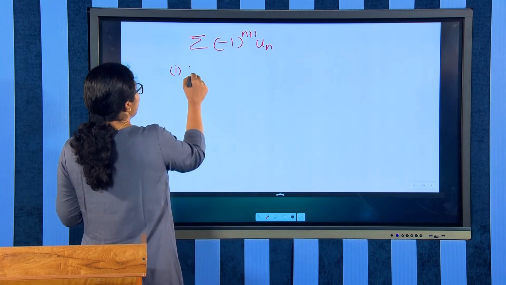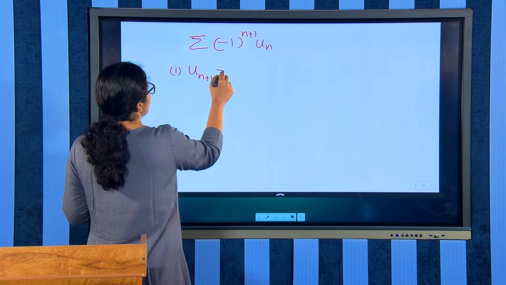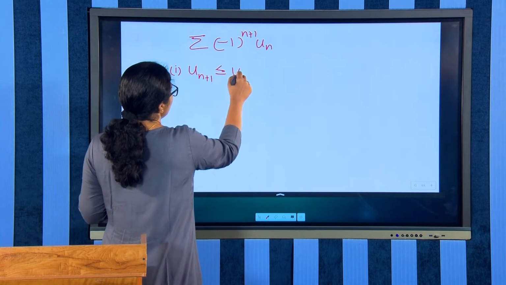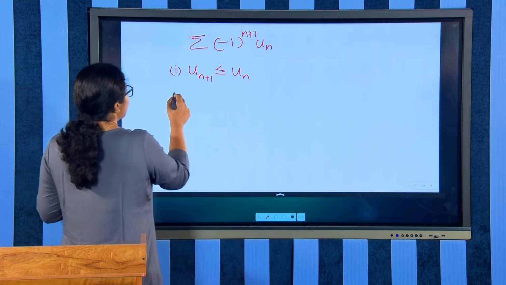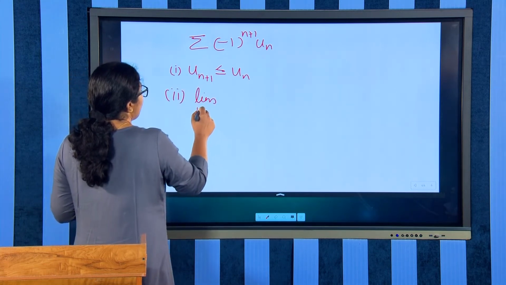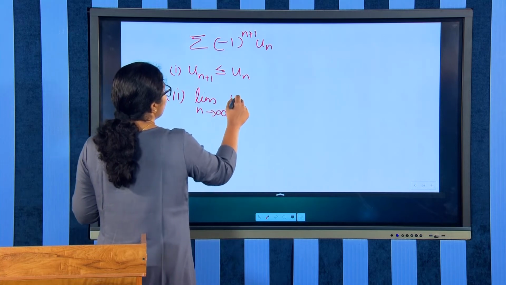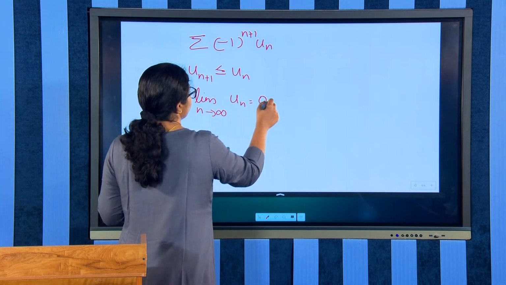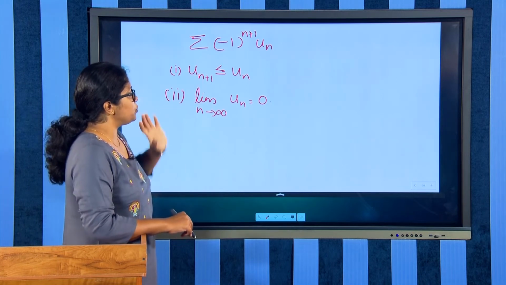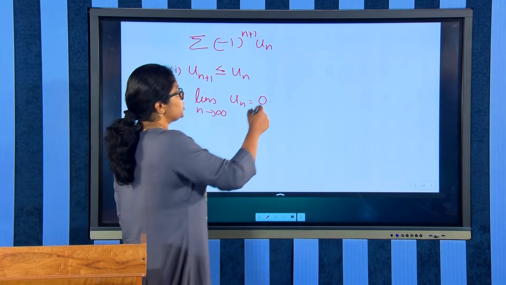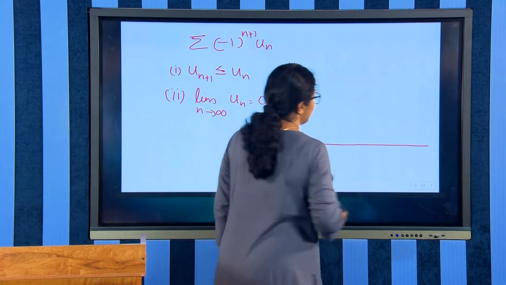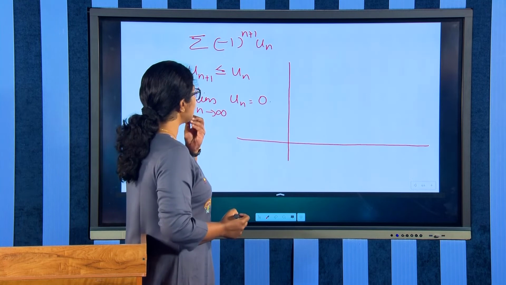First condition is un plus 1 is less than or equal to un, and second condition is limit n approaching infinity un equal to 0. So, these two conditions should hold. Using a picture, you can have an idea of what happens in this case.